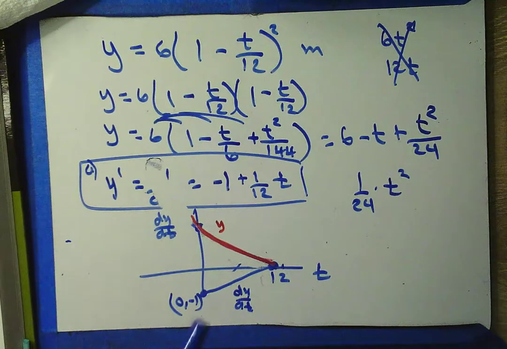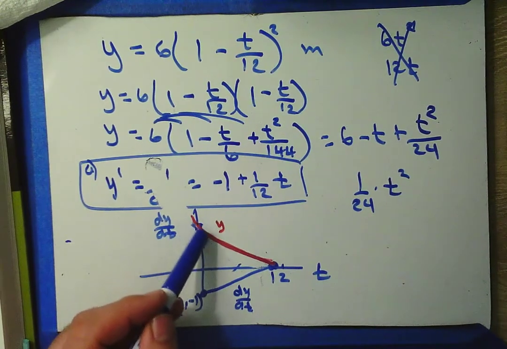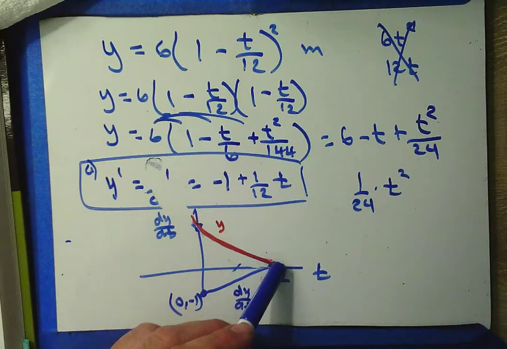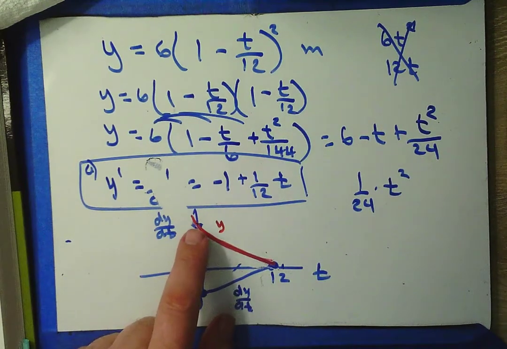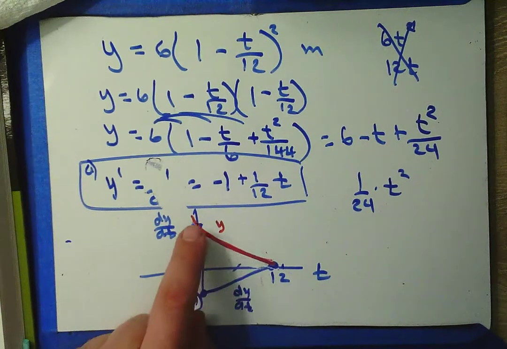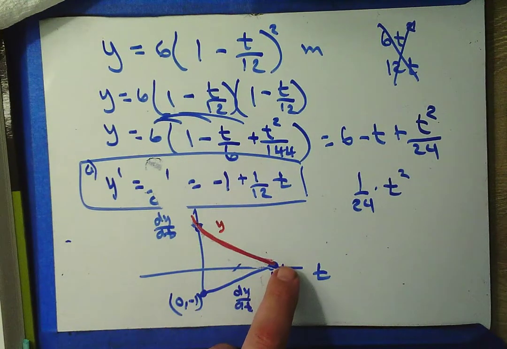Okay. So notice the most negative slope is here at time equal to 0. These are still negative slopes. They're heading towards a 0 slope as the tank empties after 12 hours. I know that y is positive because there's still fluid in the tank. But y's values are getting smaller and smaller, heading to 0 as the tank empties out.